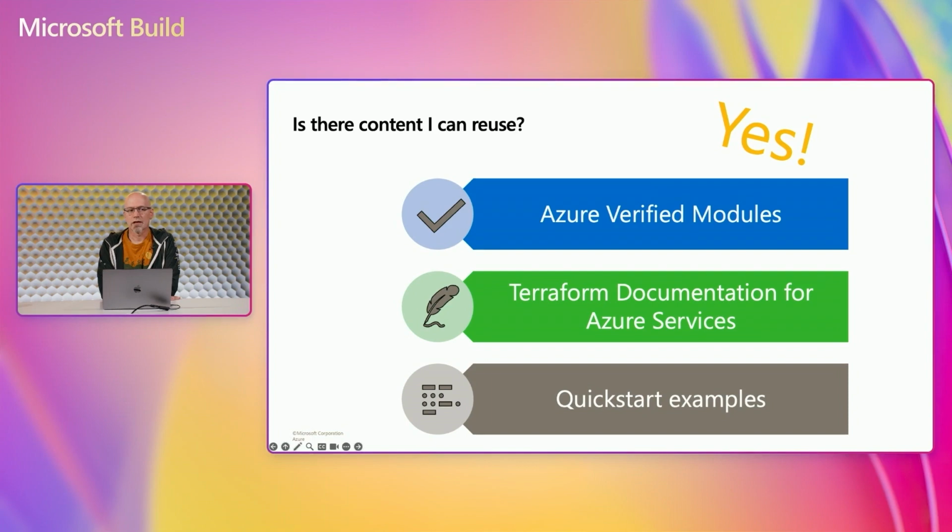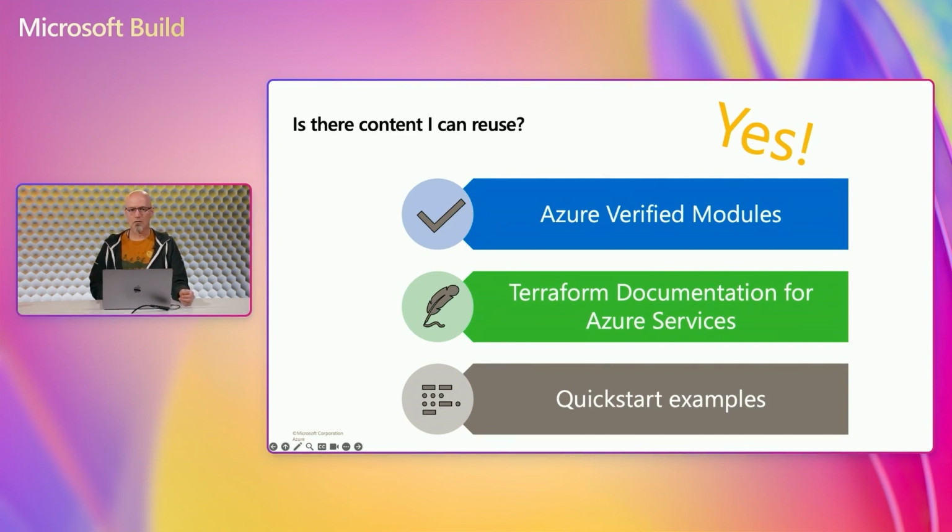That is a set of working examples that you can take and use as a starting point for everything from API management to Kubernetes to anything else that you want to use from an Azure perspective. And we're doing some really innovative things in there to help you know that those examples are something that you can use in your environment.